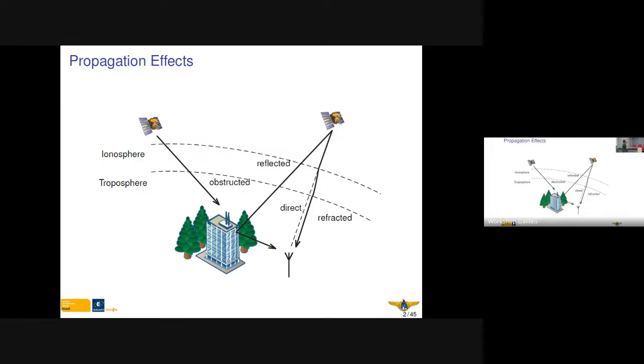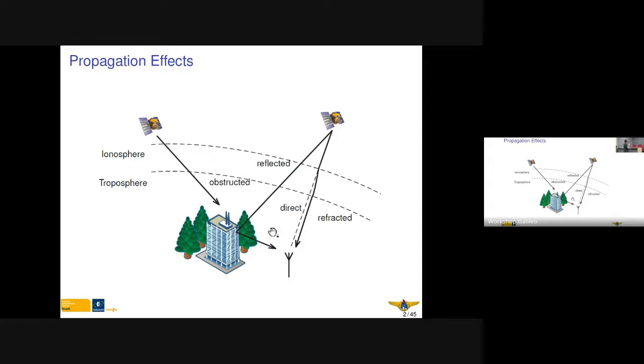In the ionosphere, this delay dependence on the frequency is larger across the spectrum. In the troposphere, it's more constant within the bandwidth, but adds another delay. This is shown in the graphic: because of this delay, we have some divergence from the direct propagation to the refracted one, to the antenna.